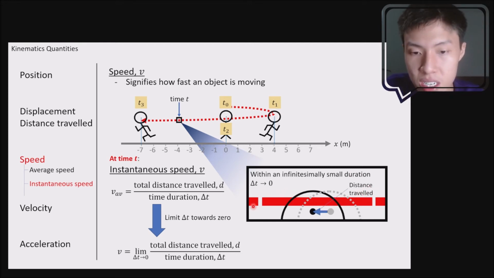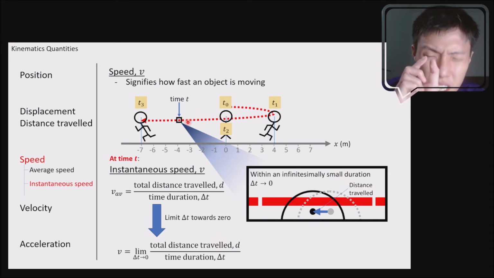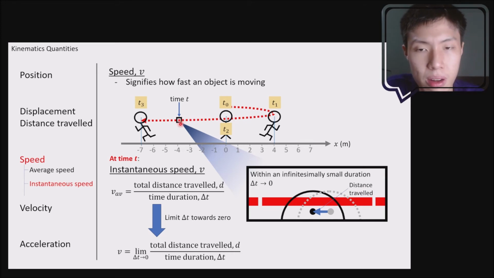If we substitute this distance traveled into the equation, and substitute the infinitesimally small time duration, we end up getting the instantaneous speed that we want at this moment t.